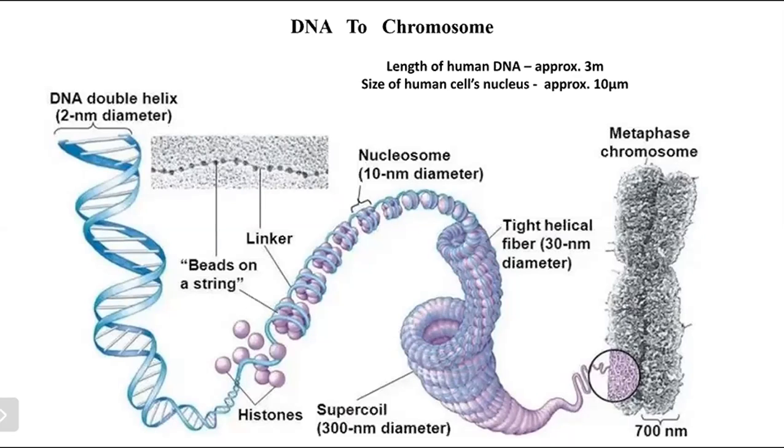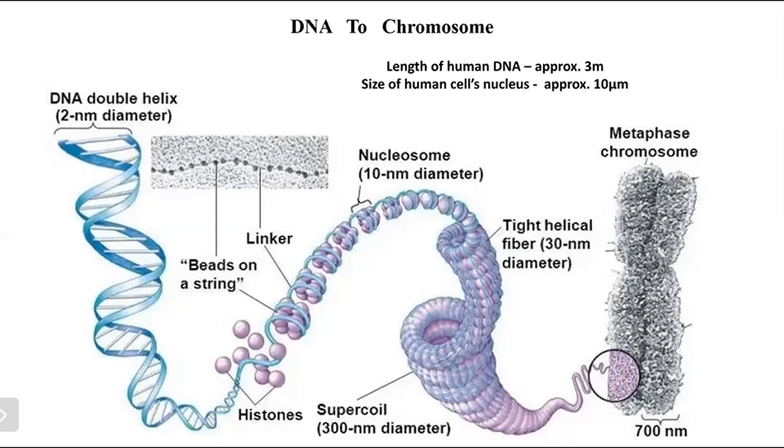Some level of packaging is required to accommodate that huge DNA into the small nucleus. DNA takes the shape of chromosome only during cell division, but still during interphase also, DNA is under some level of packaging.